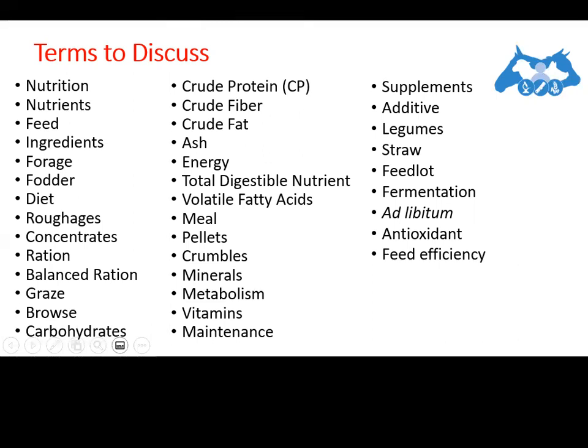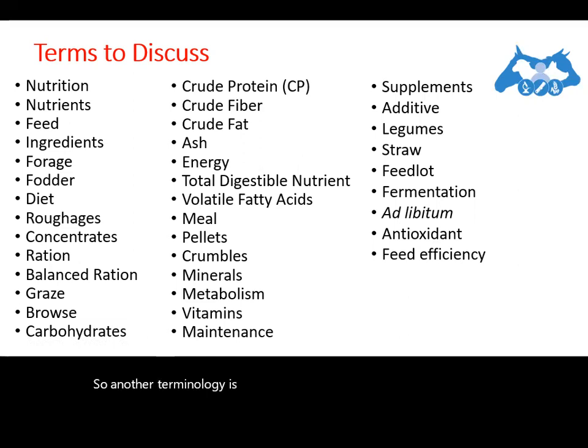Then comes additive, an ingredient or combination of ingredients added to a basic mix to help fulfill a specific need, like to enhance immunity, or as a subtherapeutic level against bacteria. So another terminology is legumes.